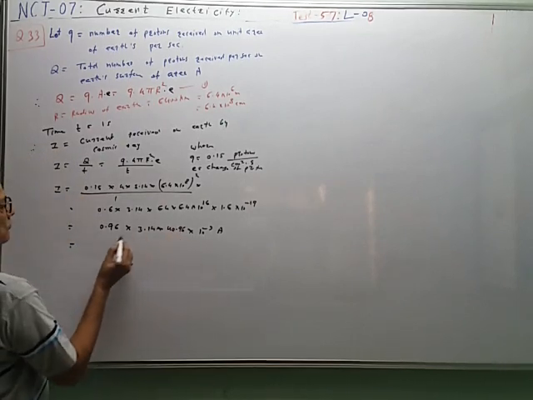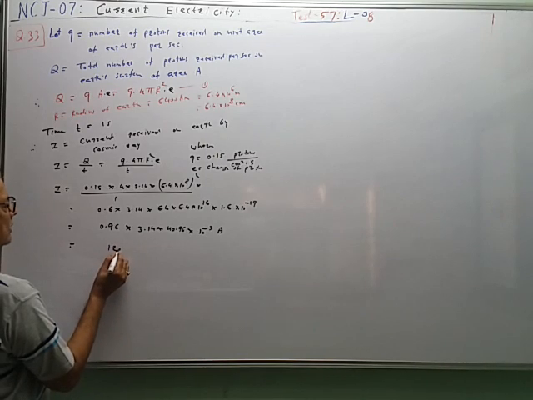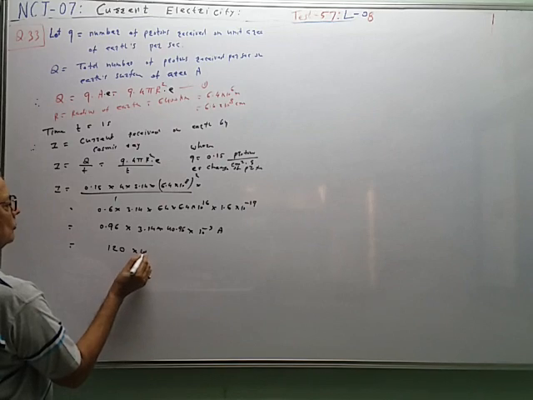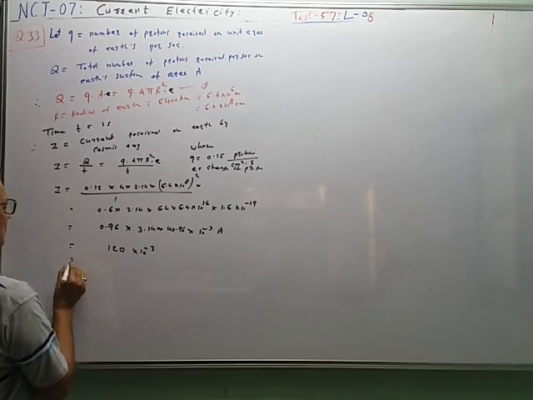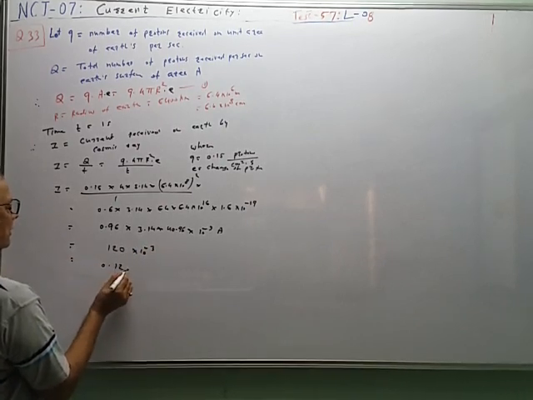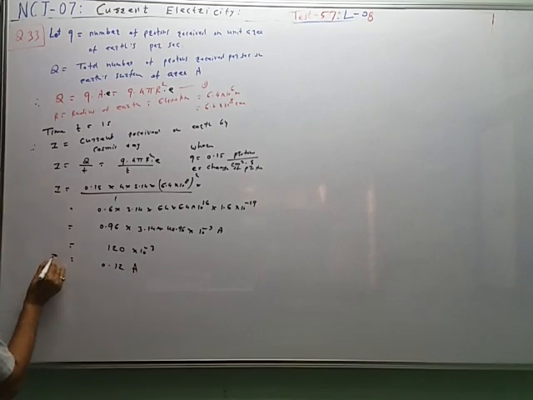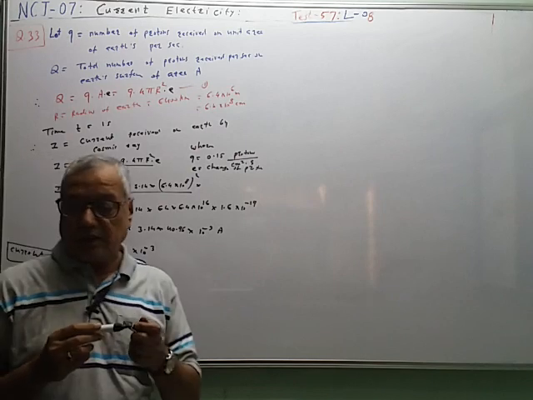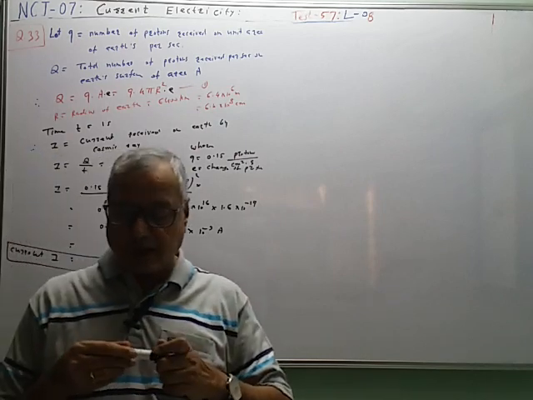So this is 41 multiplied, so this is nearly 120 into 10 raised to minus 3, so that is equal to 0.12 ampere. So current I is equal to 0.12 ampere. So A choice is correct.